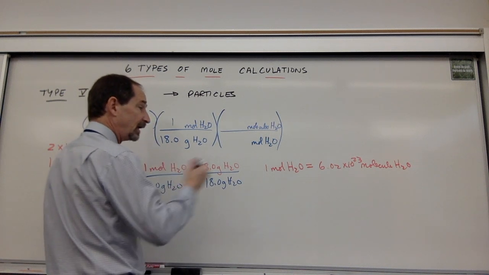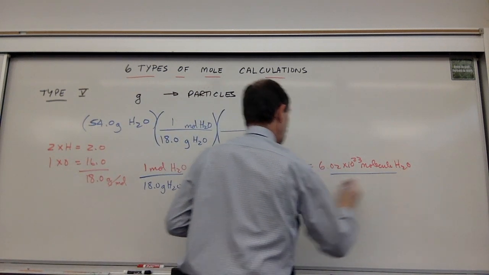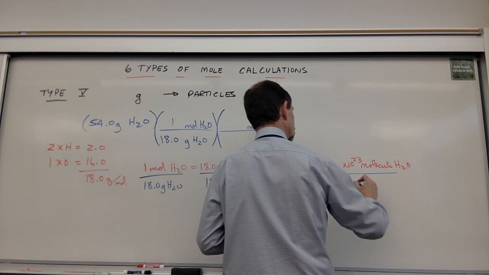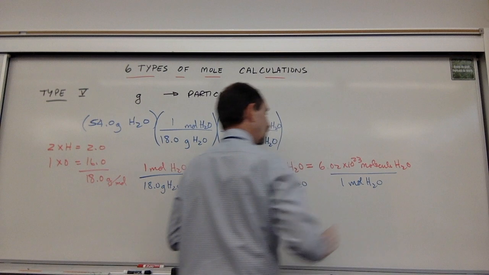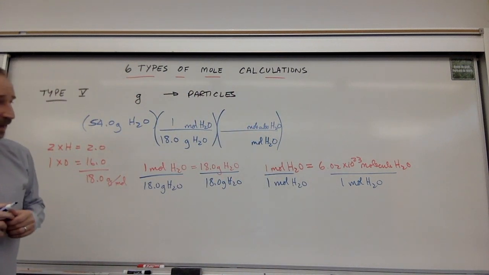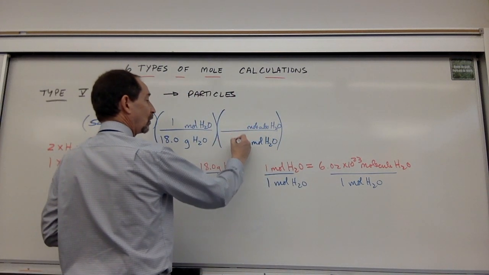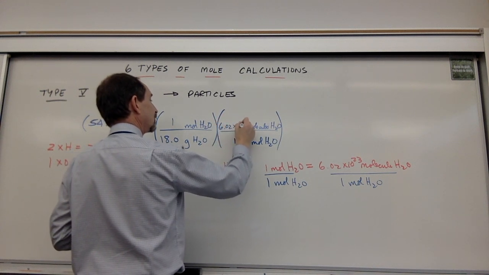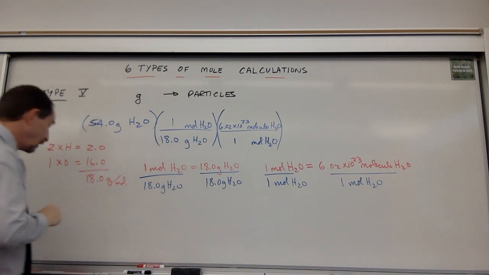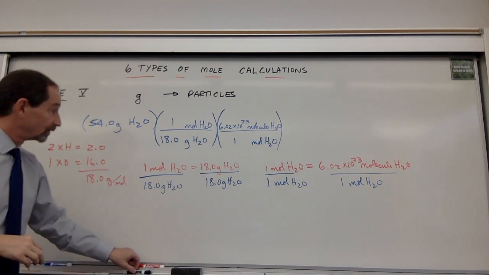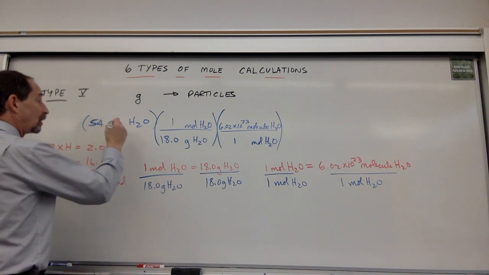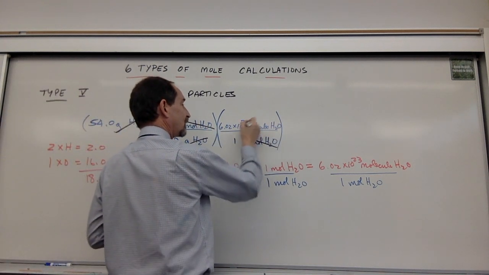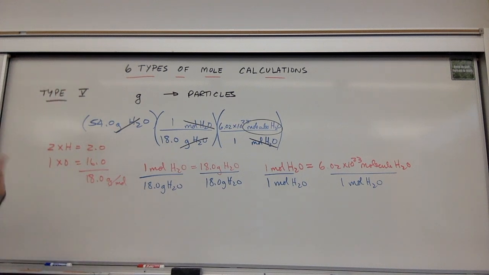I'm going to divide both by 1 mole, and use the right-hand side as my unitary rate. 1 mole of water, 6.02 times 10 to the 23rd. Once again, if you follow your units through, grams cancel grams, moles cancel moles, and my unit left is molecules, which is what I was gunning for.